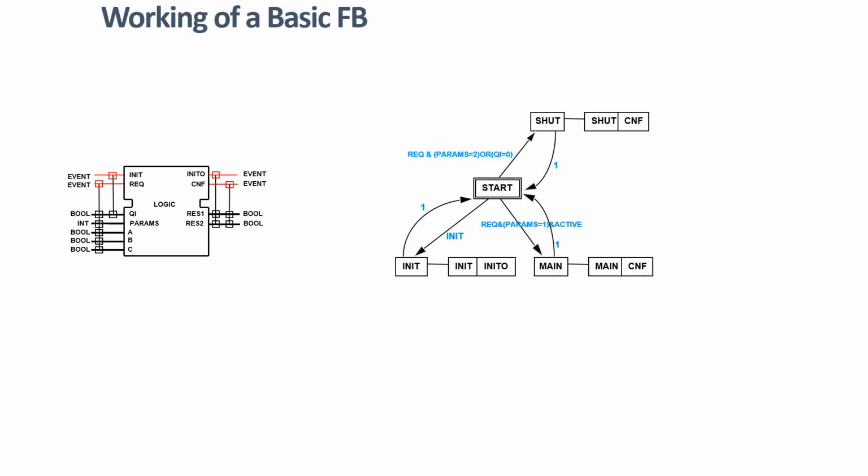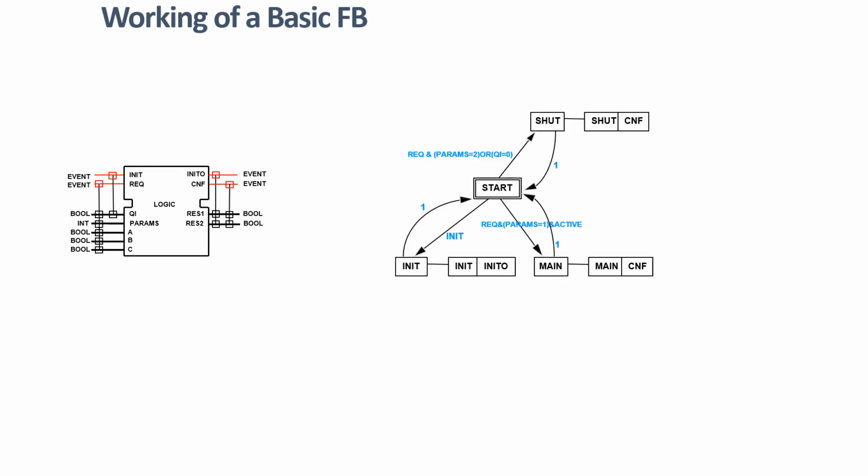And now you will see what is the purpose of this Boolean input QI, and it is used often. It's used as a qualifier to allow for initialization and deinitialization of a function block.